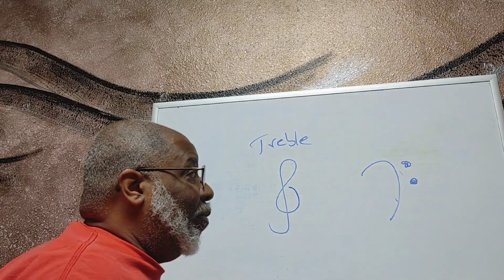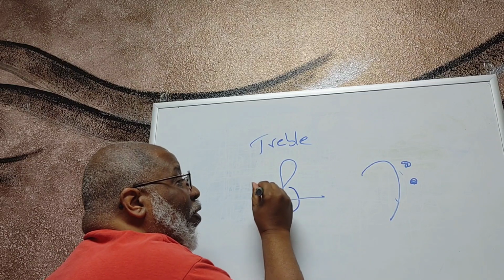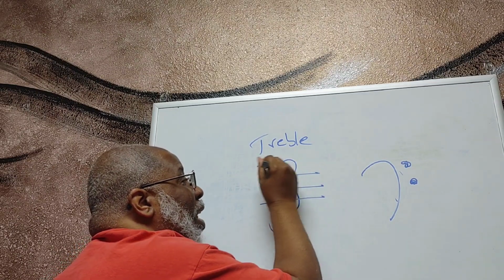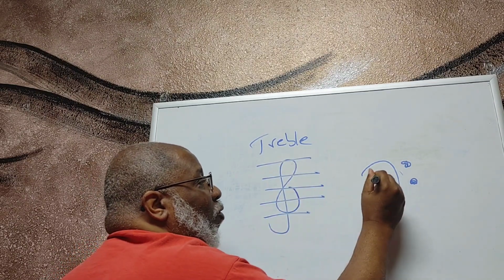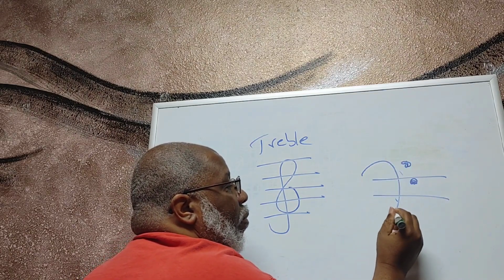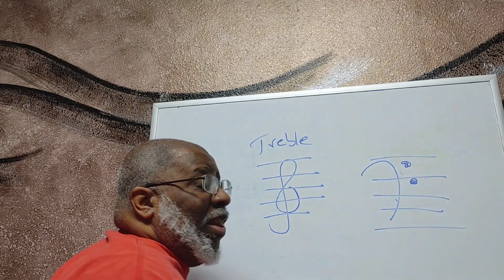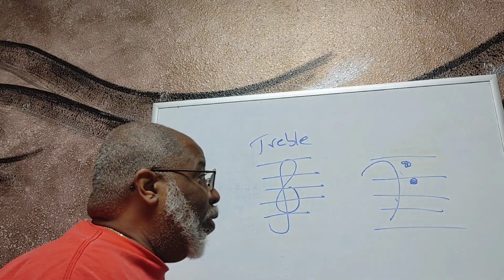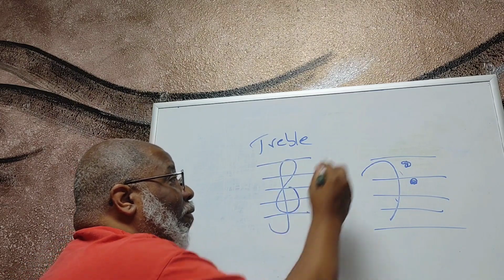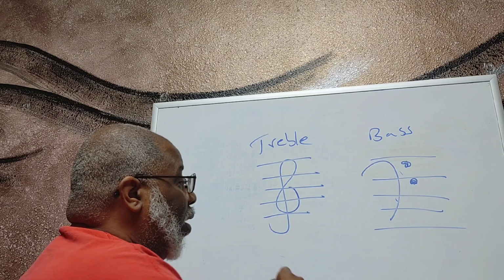Those two clefs tell us what the names of the lines and spaces are called.